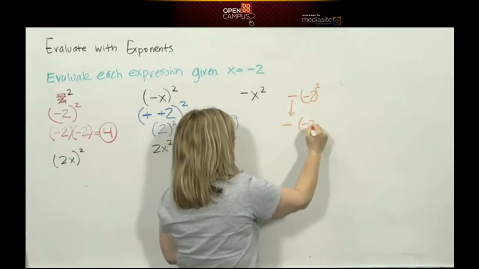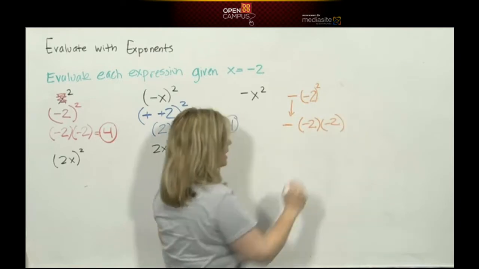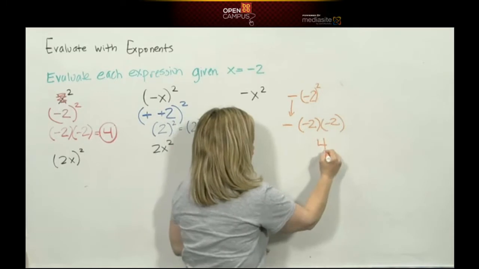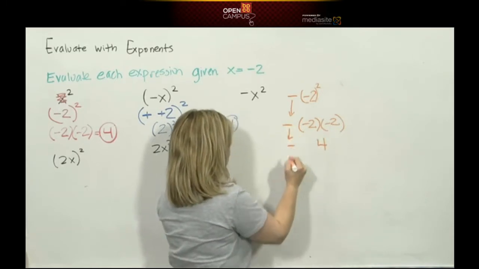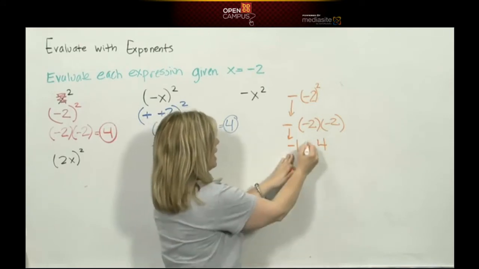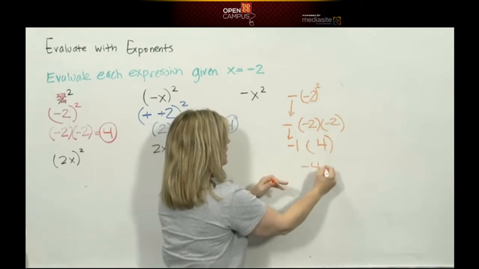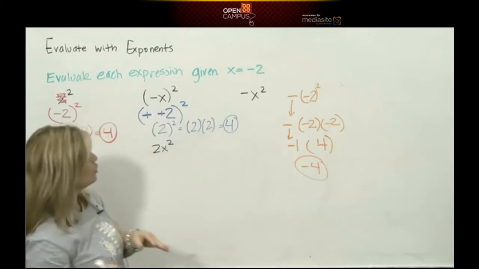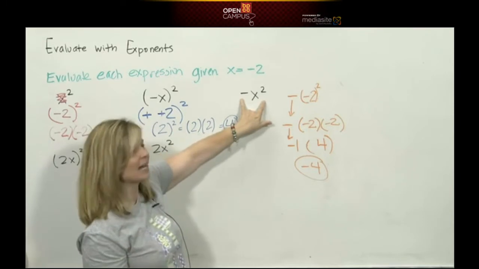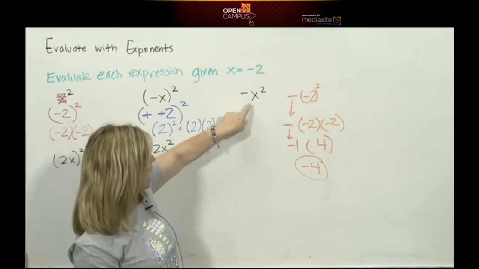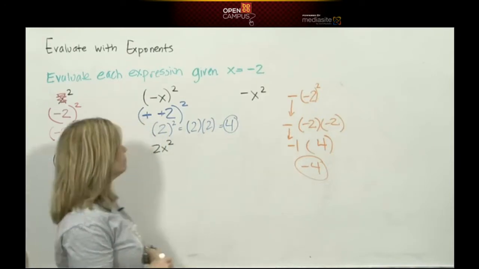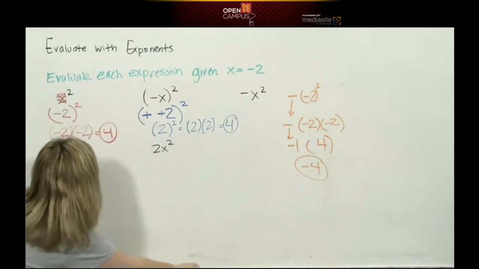This means we're going to do -2 times -2, which is +4. We still have this negative in front. This negative is really the number -1, and -1 times 4 is -4. So there's a huge difference between having parentheses and not having parentheses. Not having the parentheses means this negative sign follows all the way down.